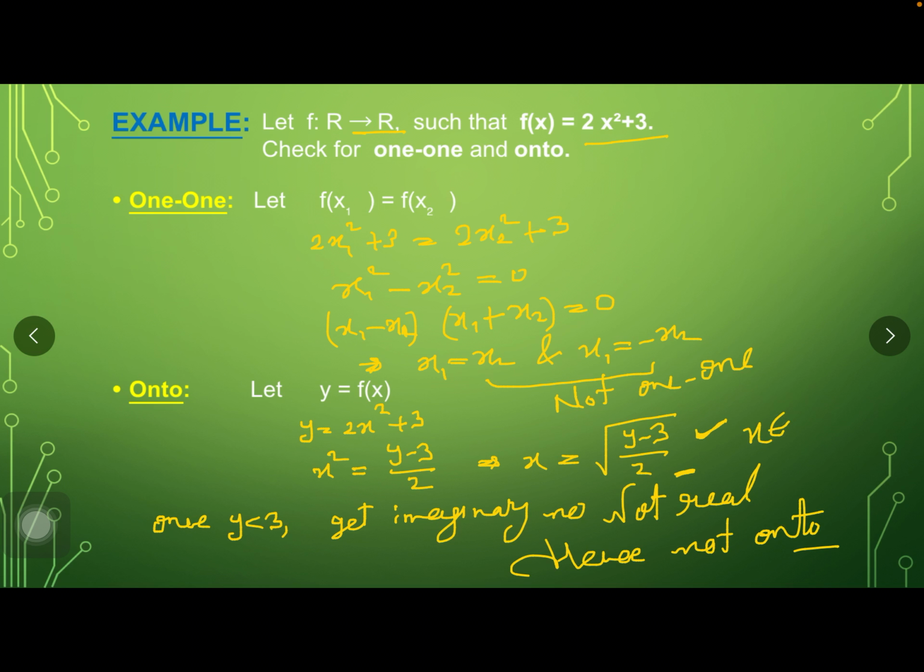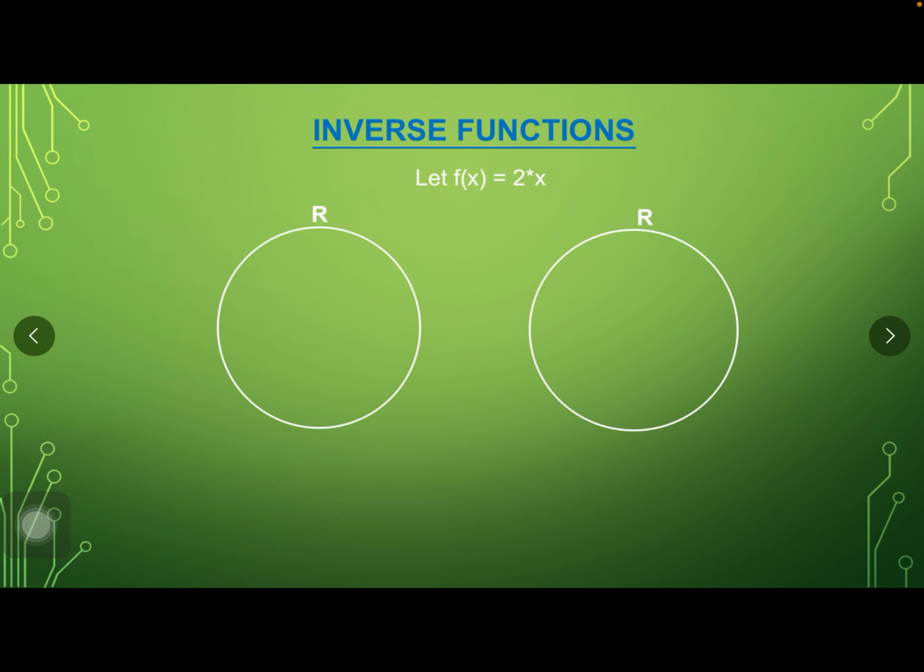So this is not real, so we say that this function is not onto. Clear how to check one-one and onto function? If our x belongs to the real numbers, but the square root of (y minus 3) by 2 is not a real number, then this is not an onto function.